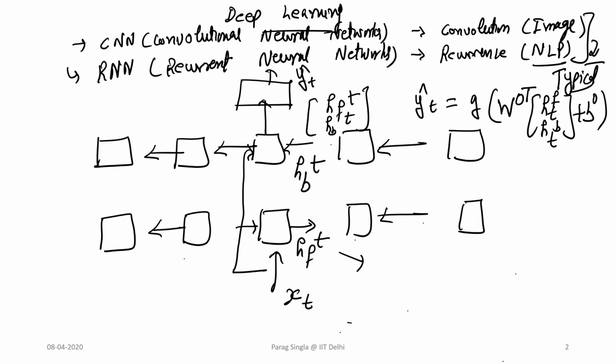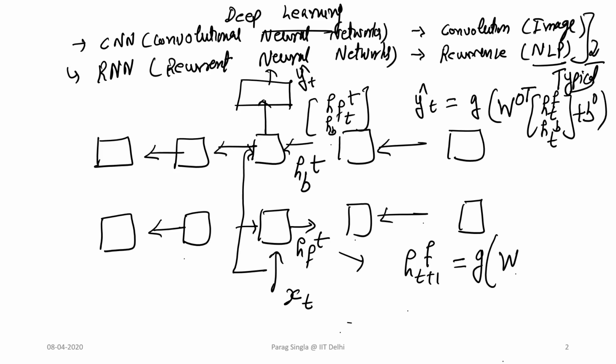At each point of time, let us also look at how these hidden states are being computed. We will have h t plus 1 in the forward direction equal to g of W, and because these are the weights in the forward direction, let me call it W F, to make it clear.